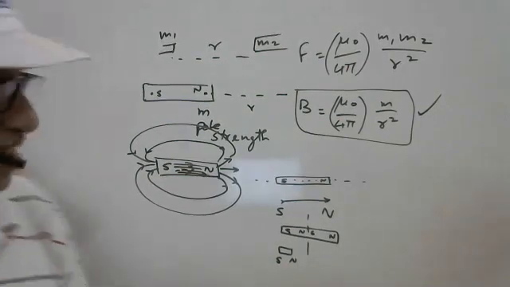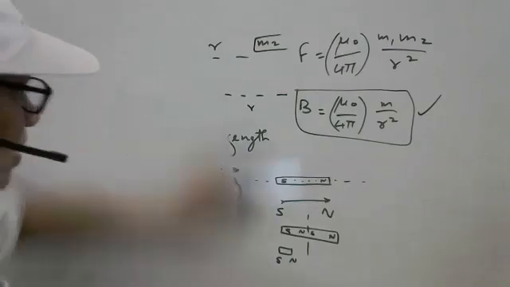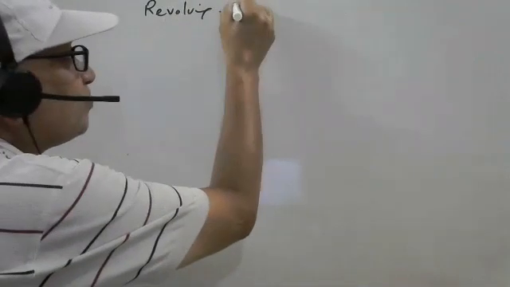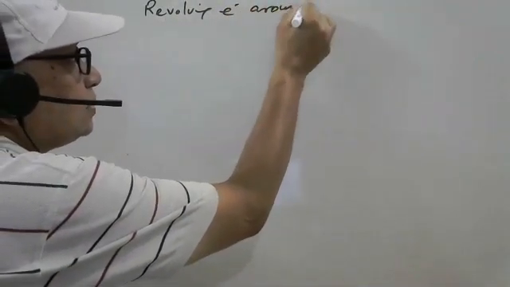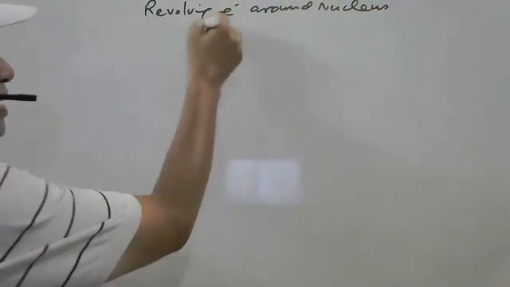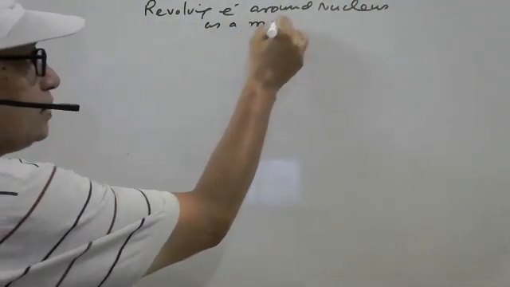Okay, so let us discuss this very important topic. A revolving electron around the nucleus is equivalent to a magnet.